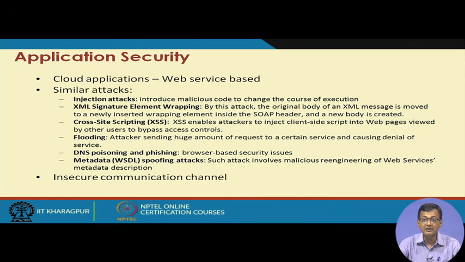There can also be an insecure communication channel, because at the application level your data is more vulnerable, and that can lead to interruption of the services, eavesdropping, and so on and so forth.